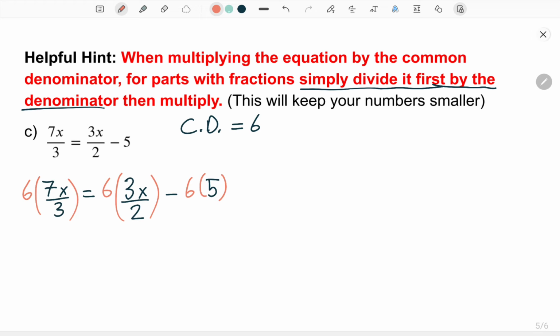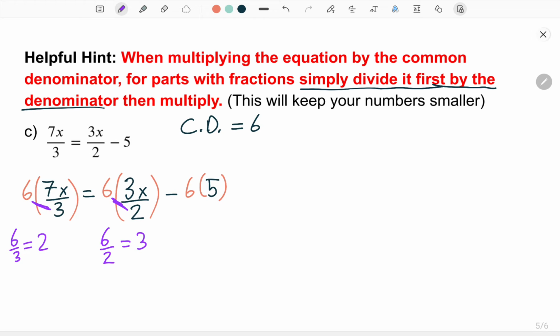All right. For each of the parts, instead of doing like 6 times 7 divided by 3, we can, first of all, just take a look at these two. Take a look at the number on the outside with the denominator on the inside of the brackets. So 6 divided by 3, well, that's just 2. 6 divided by 2, well, that's just 3.